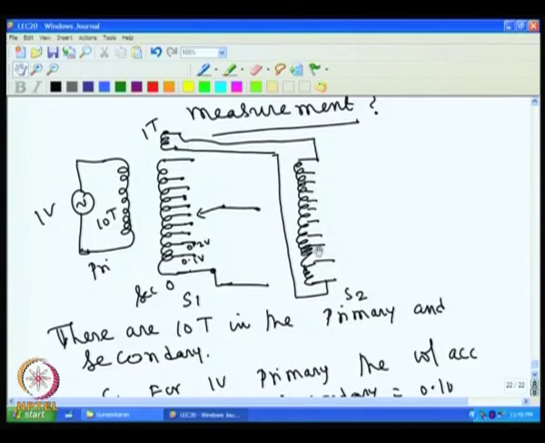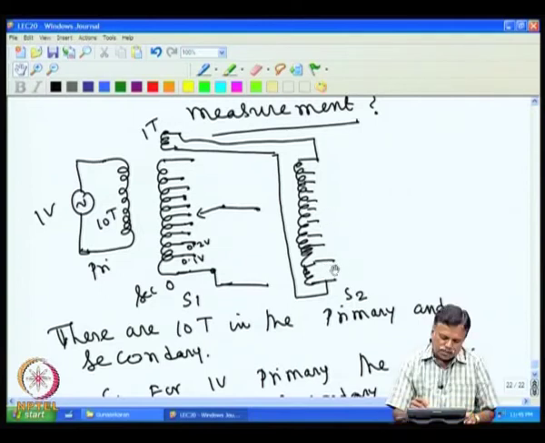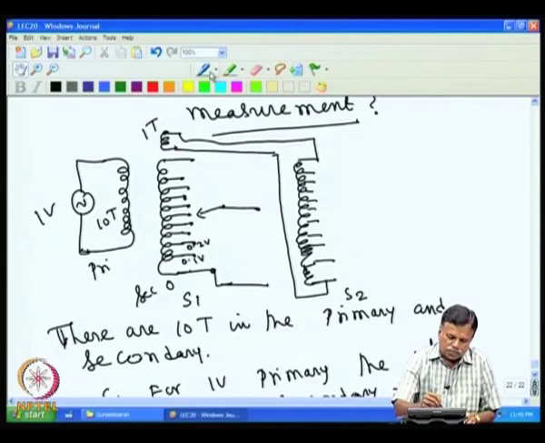That is applied to the second secondary S2, and the total voltage across this is 0.1 volt, and you have 10 turns in this, that means the voltage across each one will be 0.01 volt, because the total voltage is 0.1 volt divided by 10, that gives you 0.01 volt.